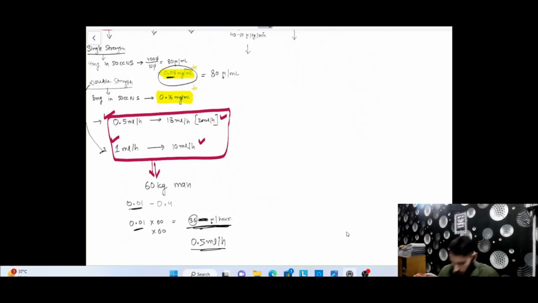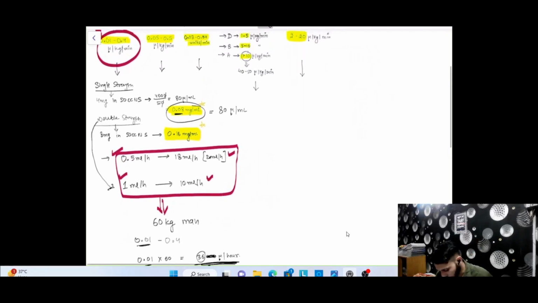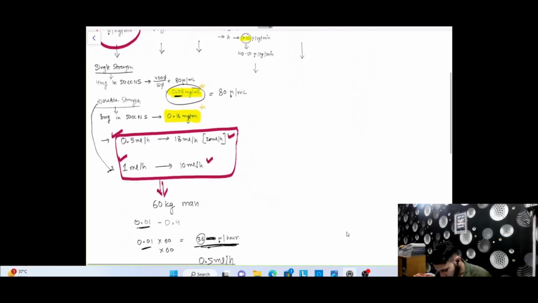This is the exact mechanism by which we calculate the rate from where we have to start and what the maximum should be. The 18 or 20 has come from 0.04, because this was the upper limit of NORAD.